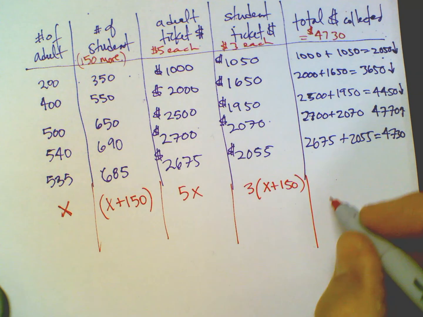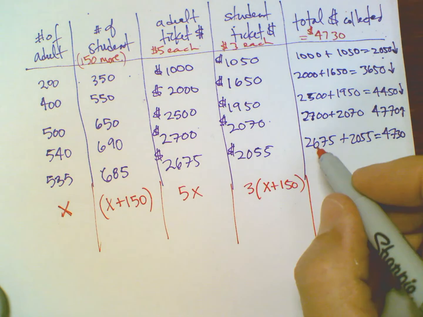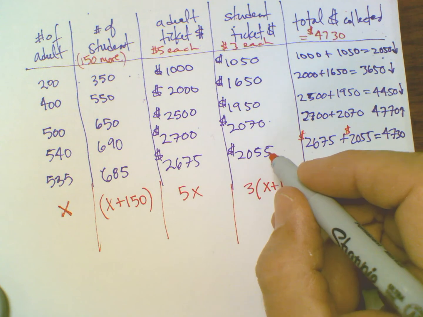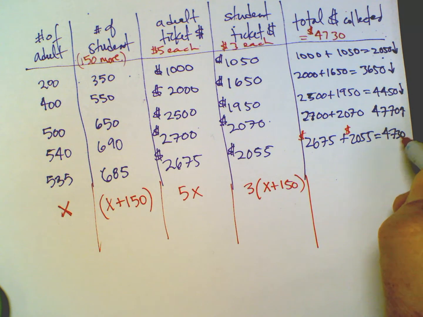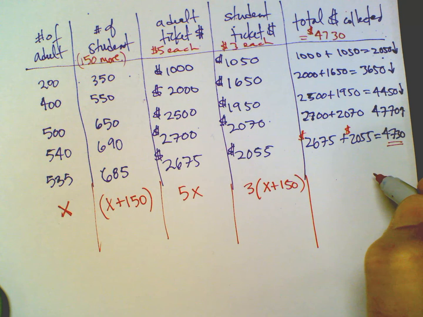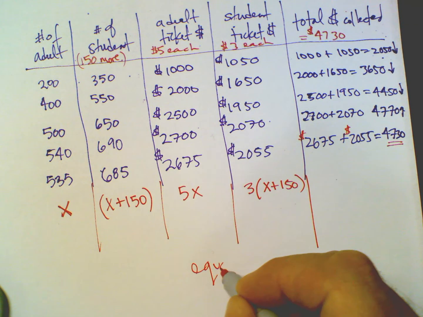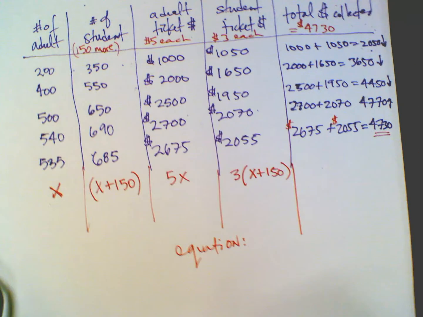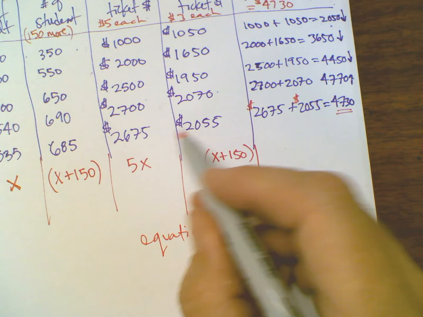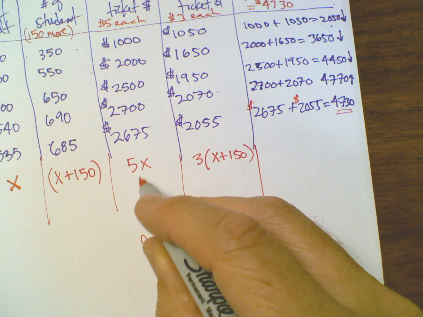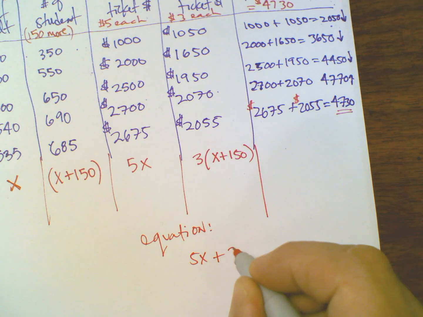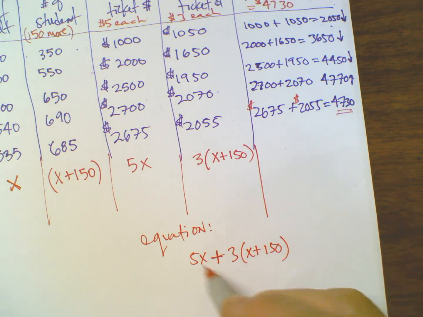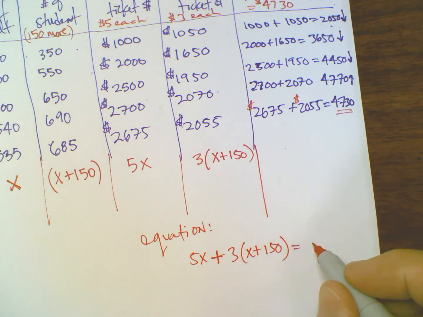And then what was the equation? The equation was taking the money values, these two columns, and checking to see if it equals the amount we want. So the equation in this case is going to be simply what we did, taking these two values, one being 5x, the other being 3 times the quantity x plus 150, adding them and setting them equal to what we want.